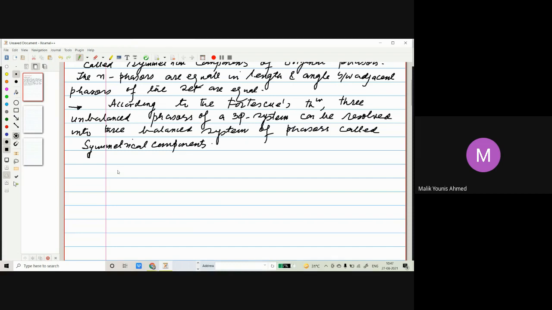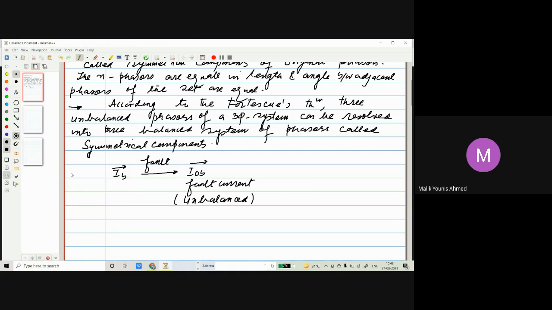Suppose I have a phasor IB. It is balanced in nature at the beginning, but once a fault occurs in the power system, the balanced nature of the phasor becomes unbalanced. So let us say this is a fault current, but the nature of the current is unbalanced.